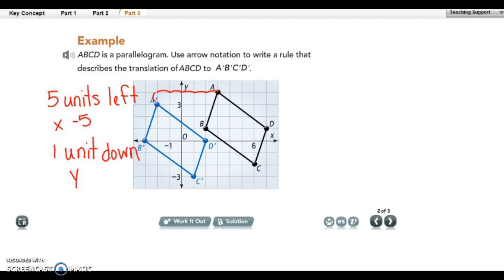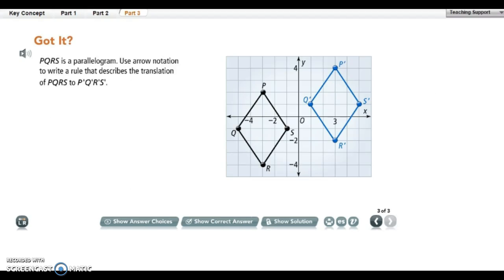So that is y minus 1. So the way I'm going to write it is x comma y is going to translate to x minus 5 comma y minus 1. You can go ahead and pause your video and try this one.